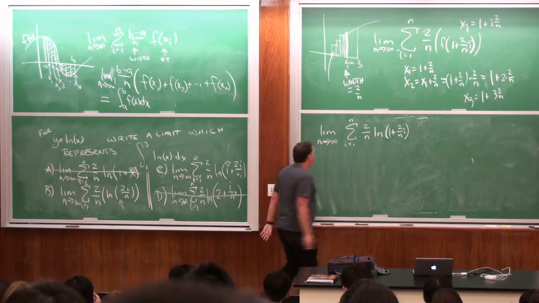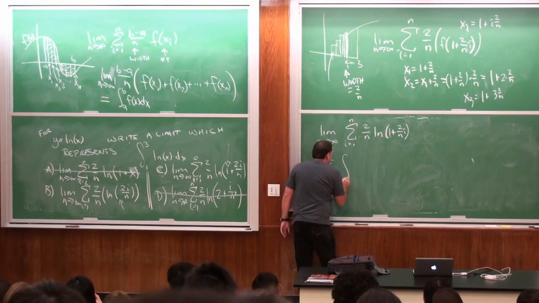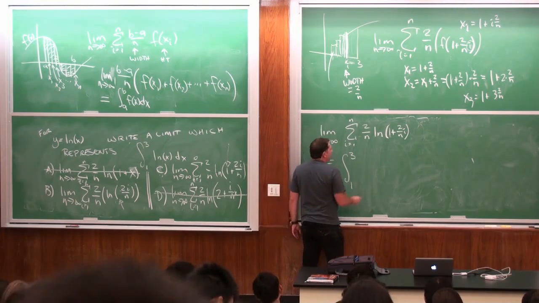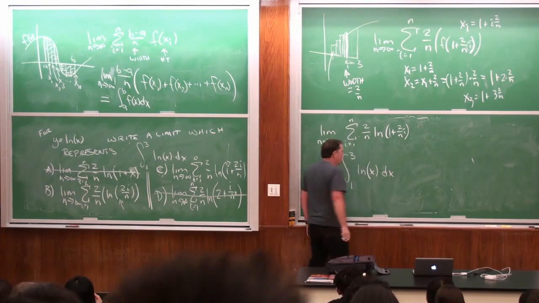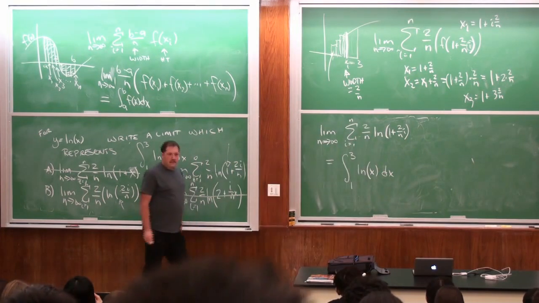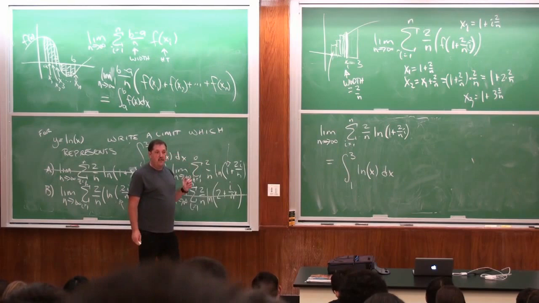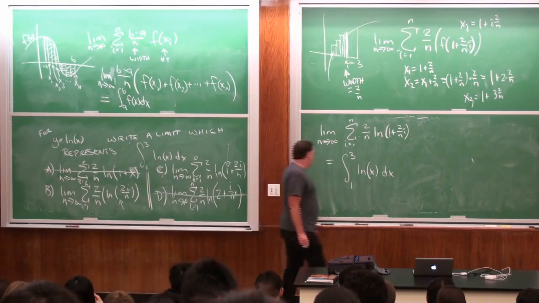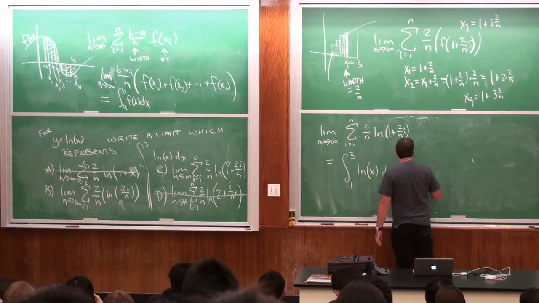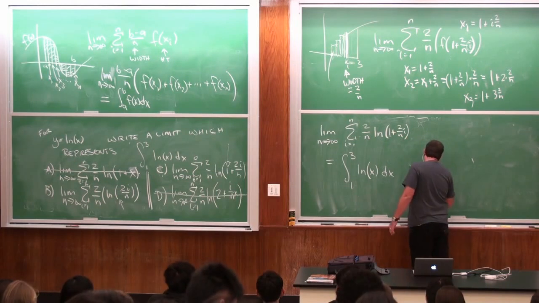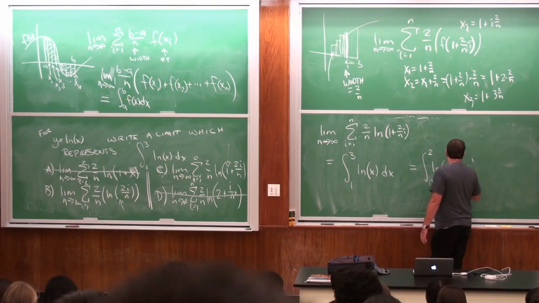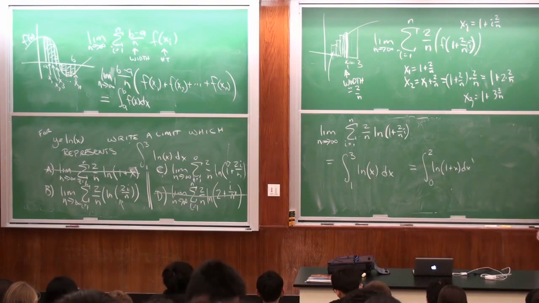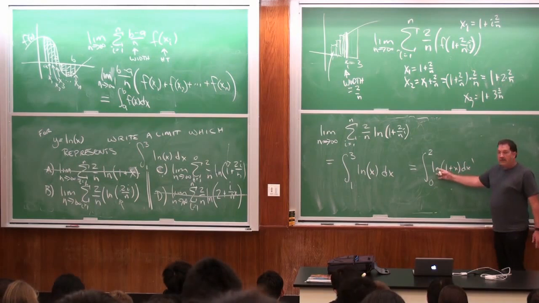Now we already know that this equals the integral from 1 to 3 of the log of x dx, because we just did the problem the other way around. But it also equals the integral from, say, 0 to 2 of the log of 1 plus x dx. It's the same. All I'm doing here is shifting my picture by 1.